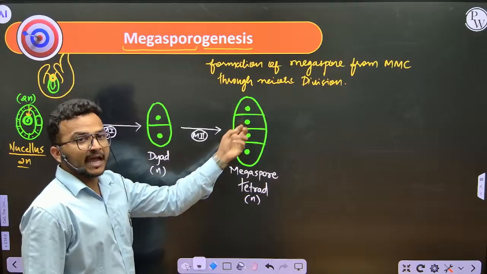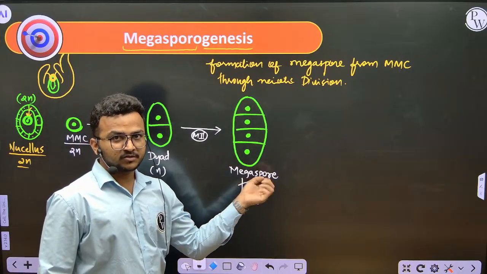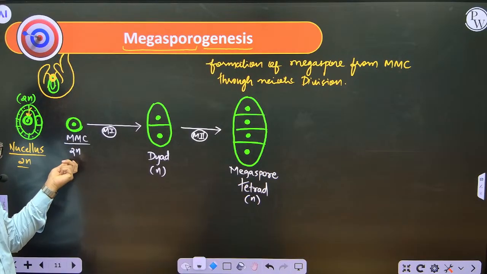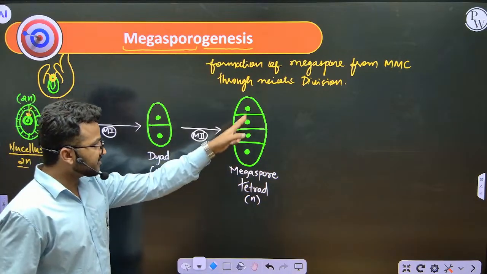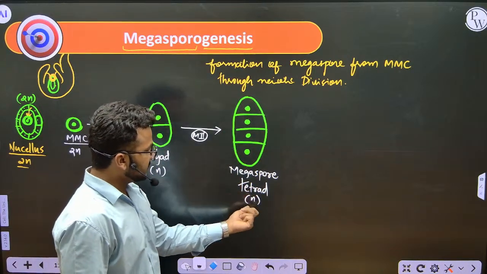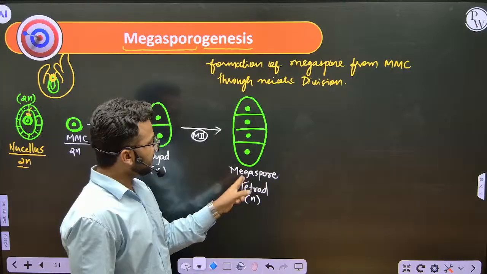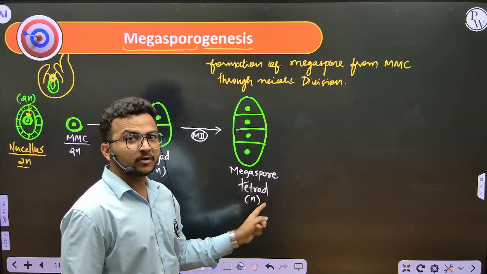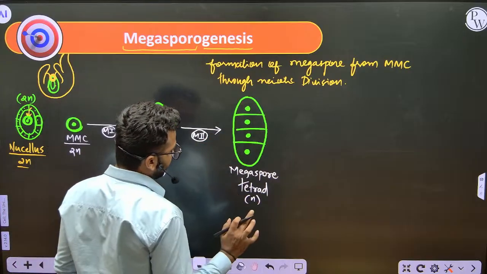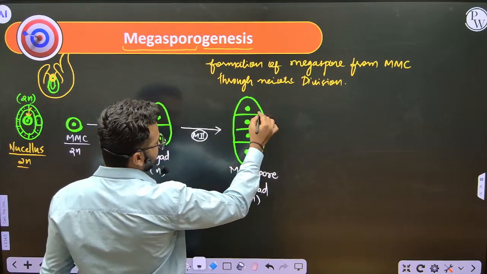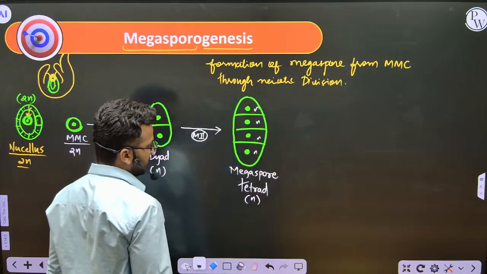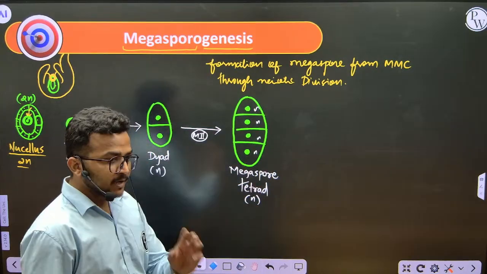It is like gamete formation: the megaspore mother cell has 2n, and when meiosis takes place, these gametes are ready. The 4 daughter cells have haploid content. We call this the megaspore tetrad. Tetrad means 4, and each one is n, n, n.